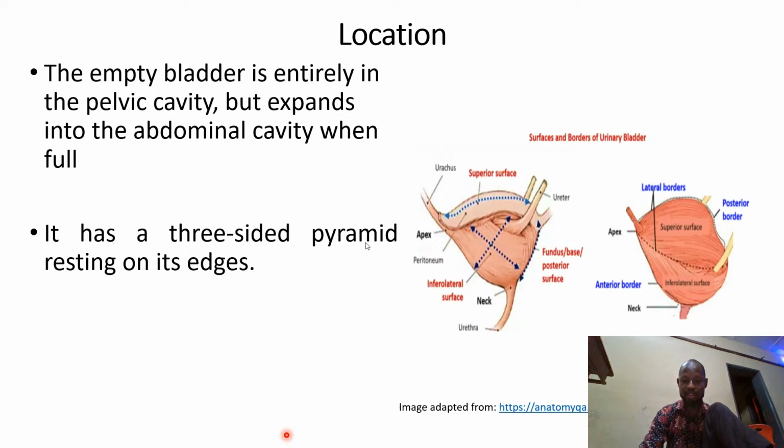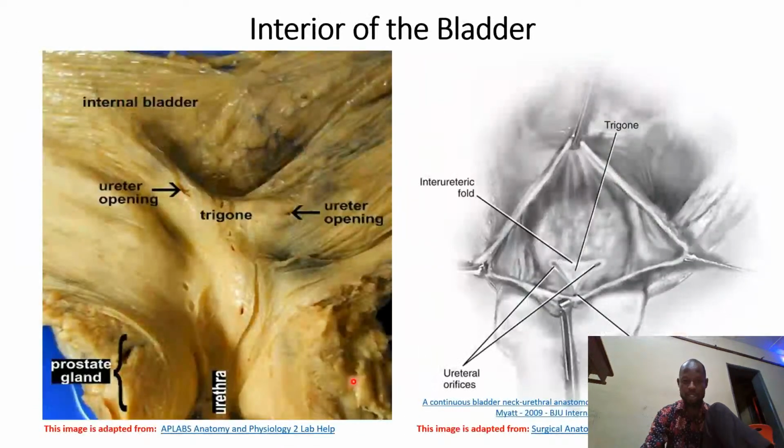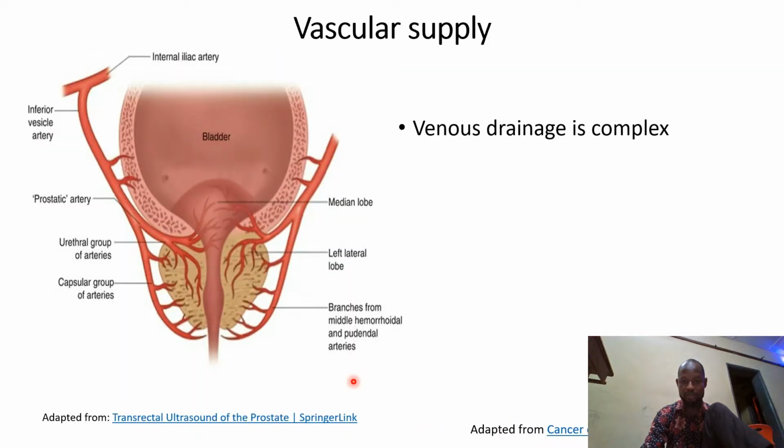And then the next slide, we've talked about the trigone. So let me see how we look at the ureter. Let's look at the blood supply. But first, the bladder is supplied by both the superior vesical and the inferior vesical arteries.